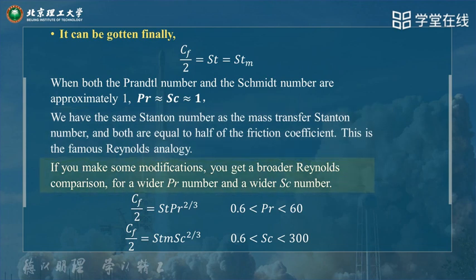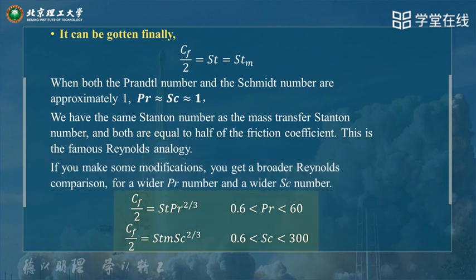If you make some modification, you get a broader Reynolds analogy for a wider Prandtl number and a wider Schmidt number.